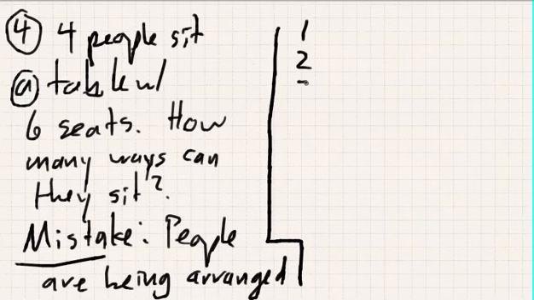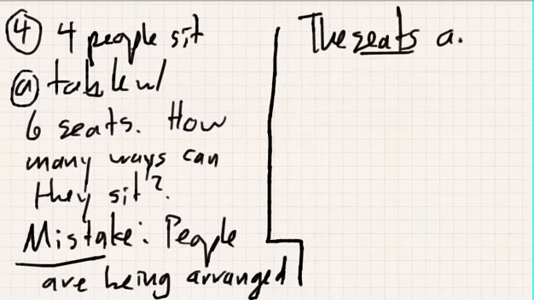We have 1, 2, 3, 4, 5, 6 slots for the people to fit into. So we're not choosing a subset of the 4 people, we're choosing all of them and putting them into 6 possible different places. So this is not a typical permutation. Instead, what is really being chosen are the seats. The seats are being chosen.